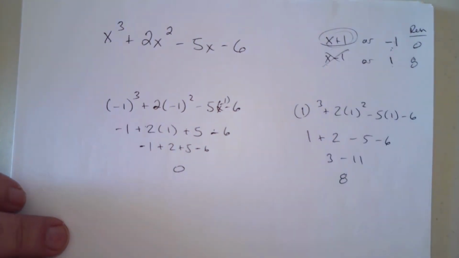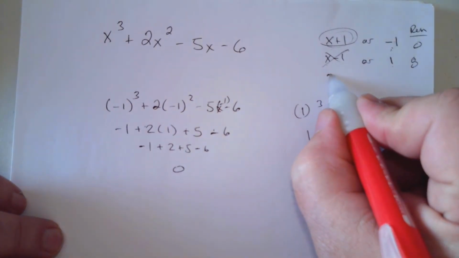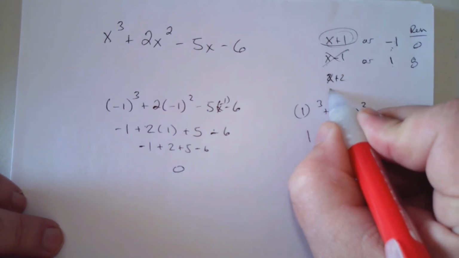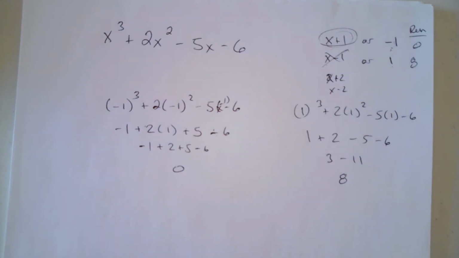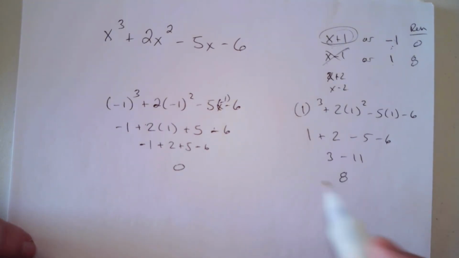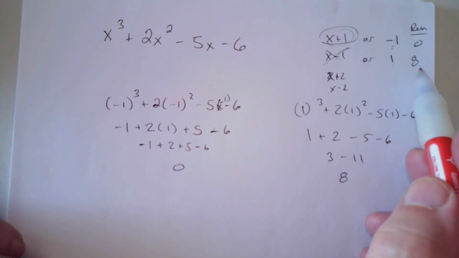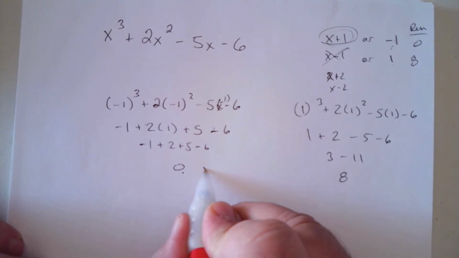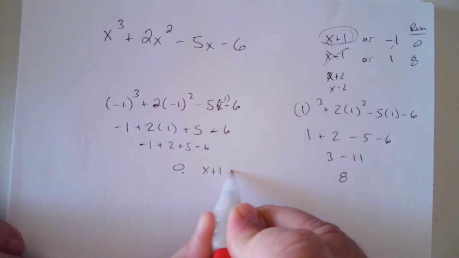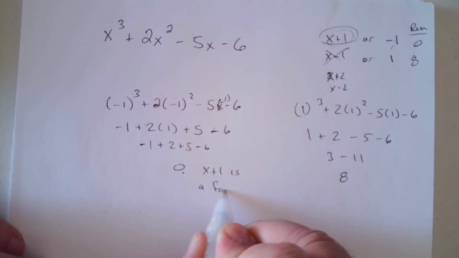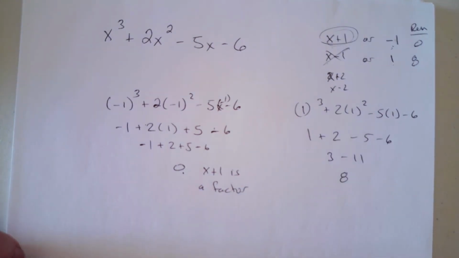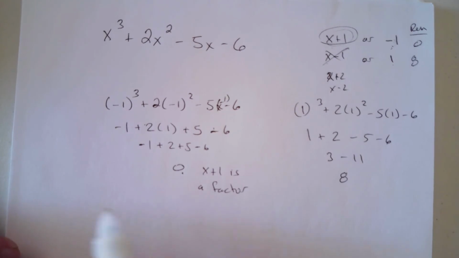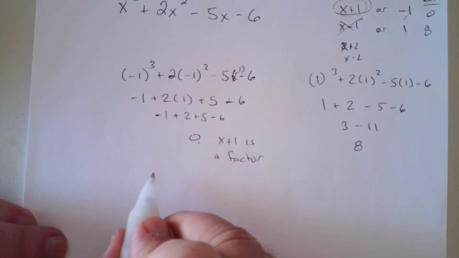So it's not a solution. Then I go for x plus 2, x minus 2, see if that works. But the problem with this method is, since it equals 0, we know it's a factor, I still have to do long division.